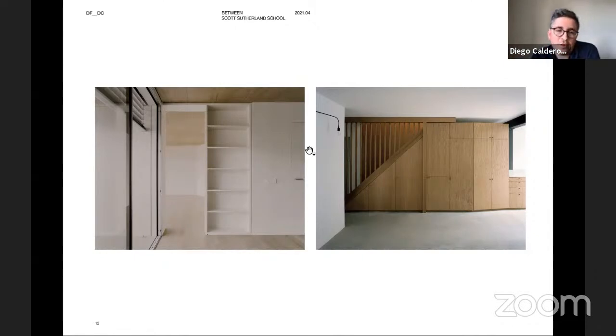And so these projects, however different they are in scale and type of client and markets and all of that, they have an appreciation for this almost internal tectonics, how elements perhaps more related to the realm of furniture and furnishings allow the building, first of all, to have a more flexible use in the present, but also to almost have an instructions manual of how it can be, or it will certainly require to change in a matter of a few decades.